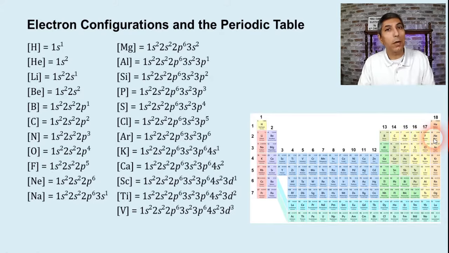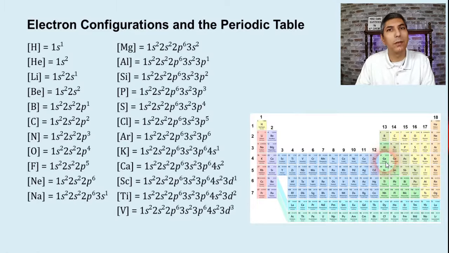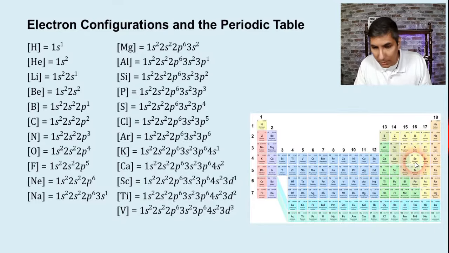And so there's a progression there as well, isn't there? We're just counting the boxes. Now, we said that gallium is going to end with 4p1. So if that's the case, what do you think selenium right over here would end with?